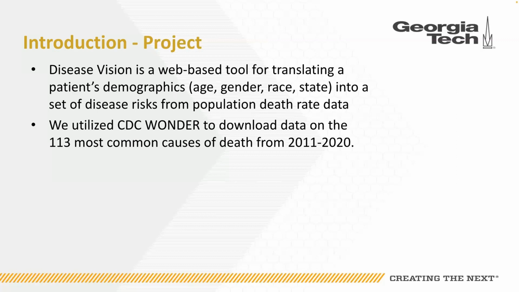And we got that data from CDC Wonder, where you're able to go in and sort of nail down what variables you would like your data partitioned by. And so we were able to go in with our demographics, age, gender, race, and state, and get the data set that we needed.